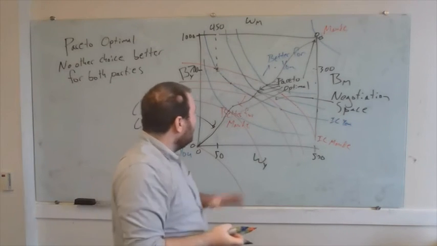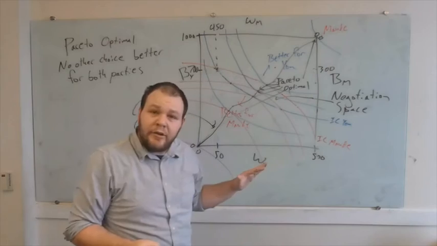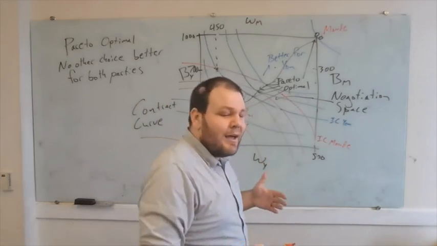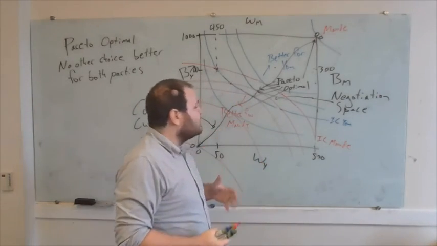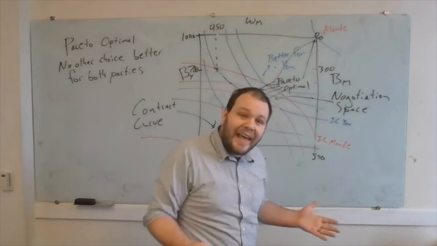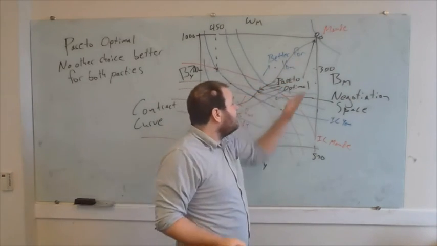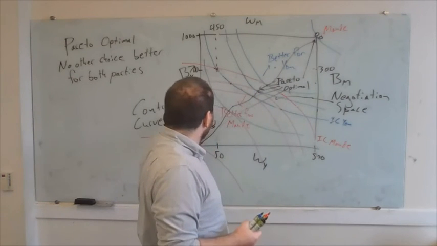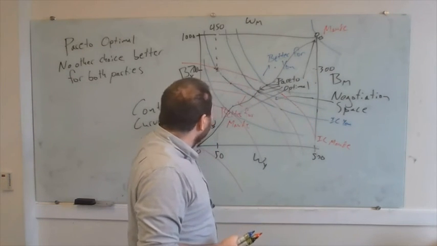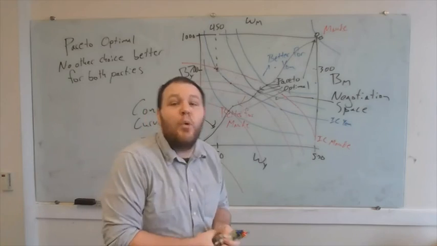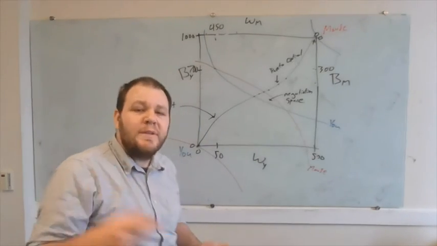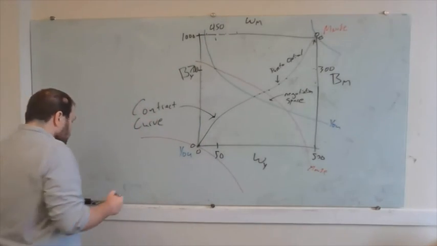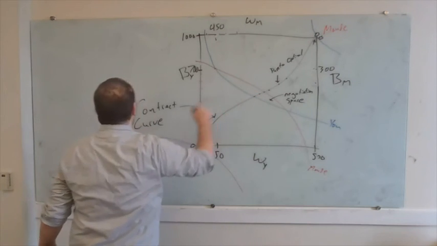Essentially, if you and Maud are both good negotiators, you're capable of noticing when there's an opportunity for mutual gain and taking it. Any contract you write between the two of you is going to have to end up somewhere on this line. Any point off this line has some alternative that's mutually preferred by both of you. So essentially, the contract curve is the set of all possible Pareto optima.